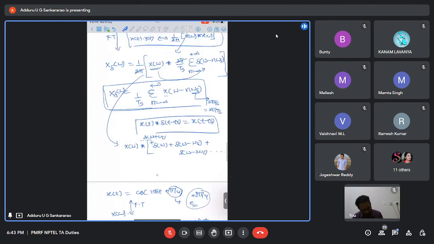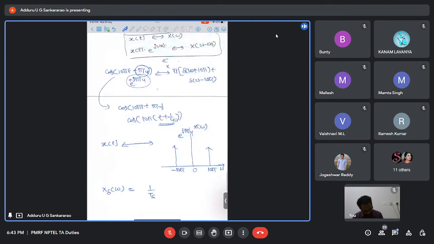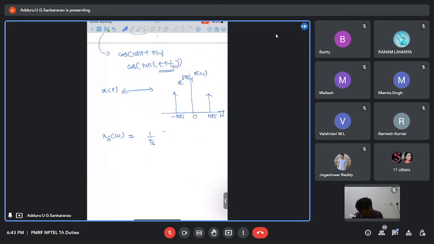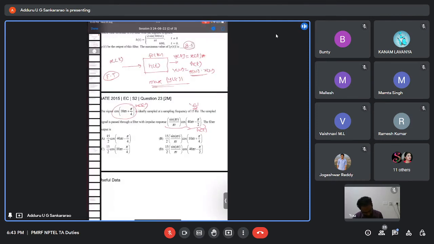1 by Ts into sigma n equal to minus infinity to plus infinity X of omega minus n omega s. So what is Ts? Here Fs is given, right? Fs is 15 Hz.